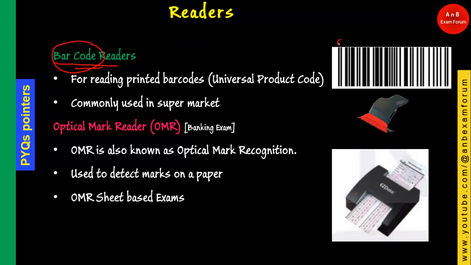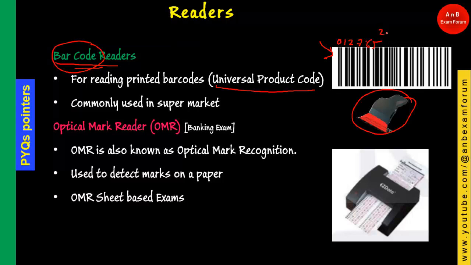Sometimes there are some numbers written over it, like 1 2 7 6 5. This code is written in the form of bars. The printed barcode generally represents the universal product code. The universal product code is embedded in the barcode, and with the help of a barcode reader you read this number instead of typing.